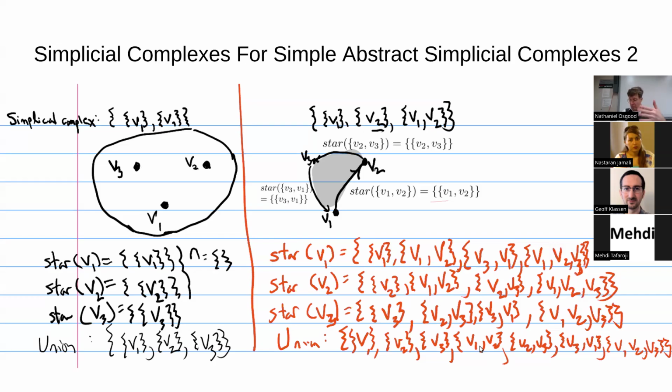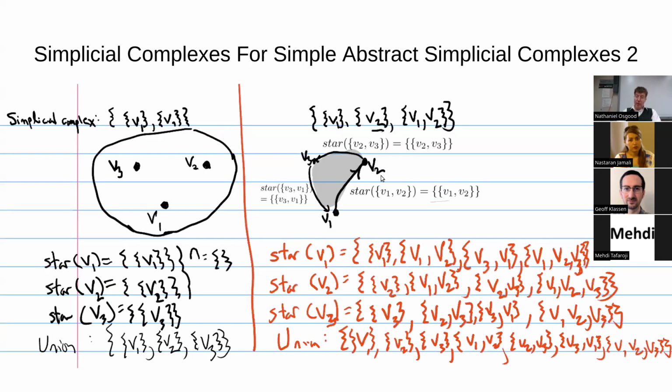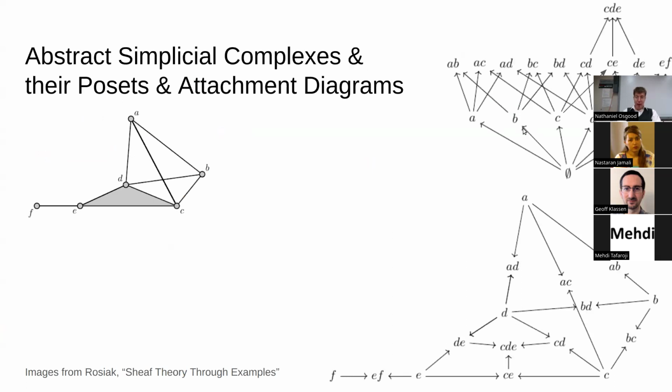We can generate from that with unions the more complete set, including the full set, although we may need the empty set there. Okay, so this is a contravariant functor. So the further up, it maps each of these to its star.